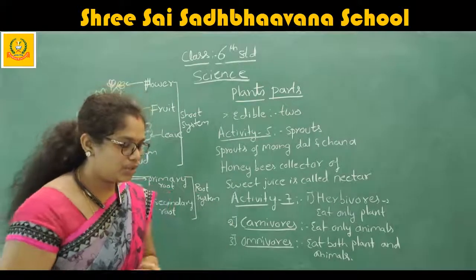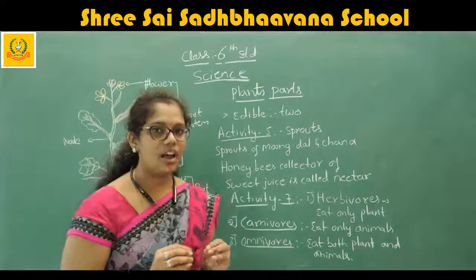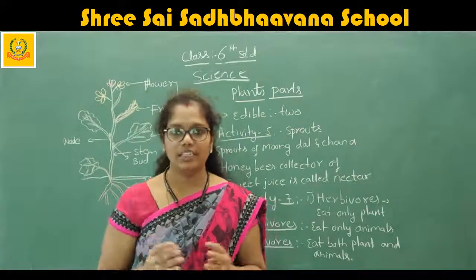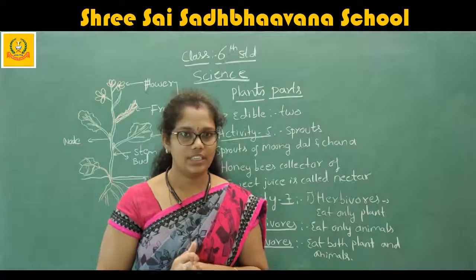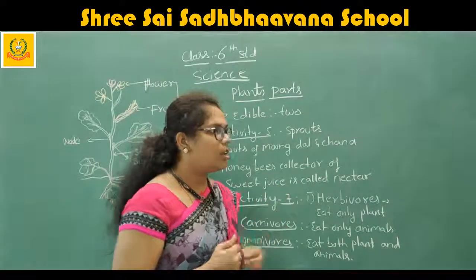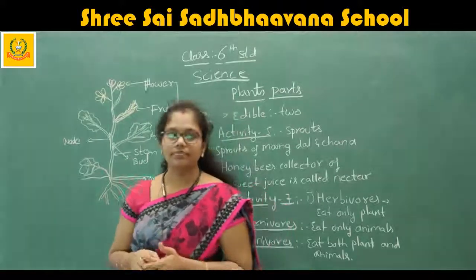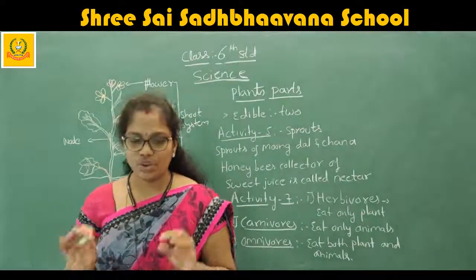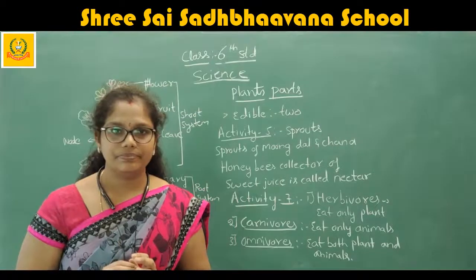What are you going to do? You want to take moong dal or chana dal? Anything of that you can take. Take one as moong dal, and another as chana dal. First you want to soak these two in water for some time.